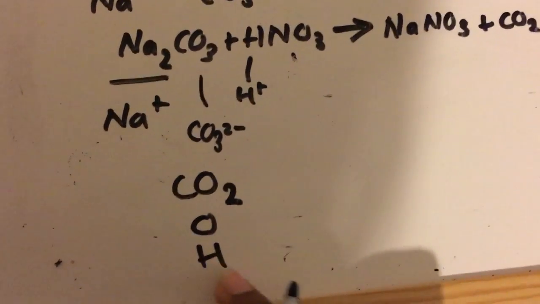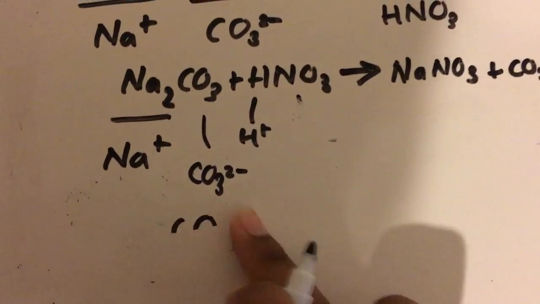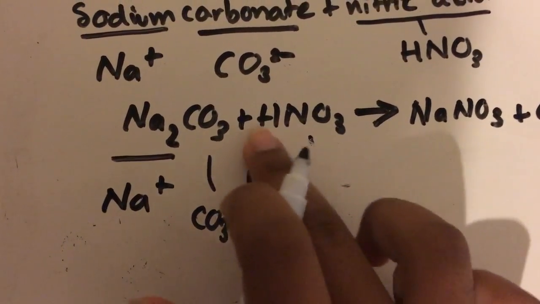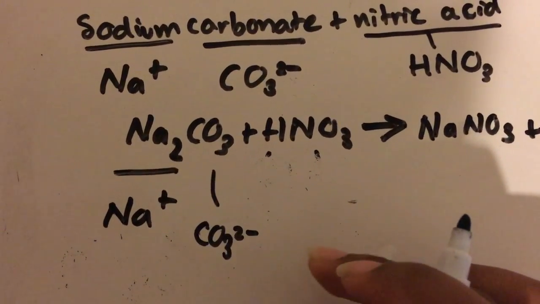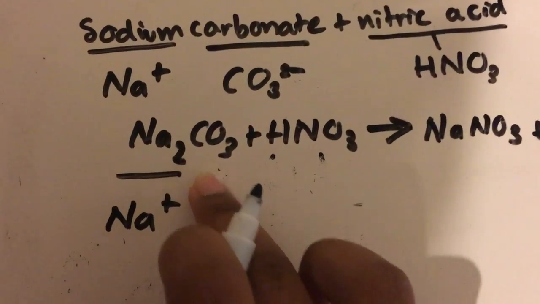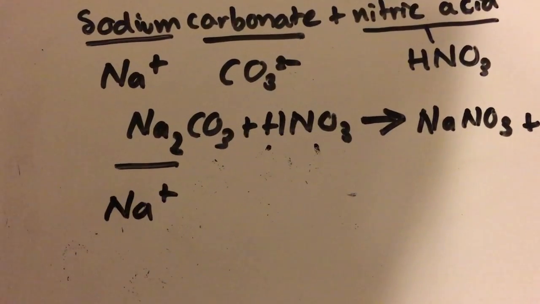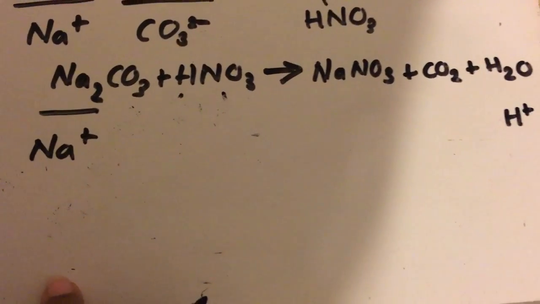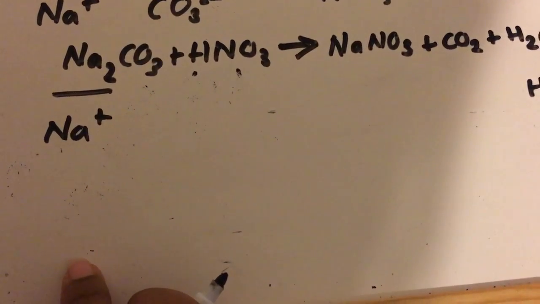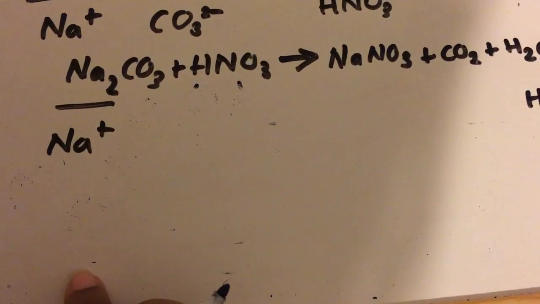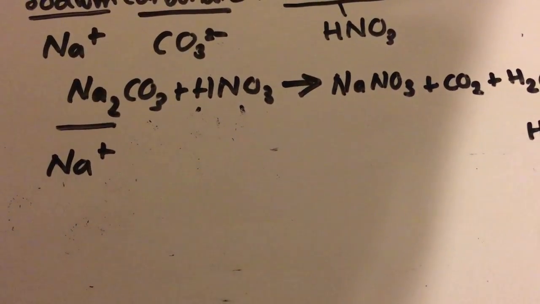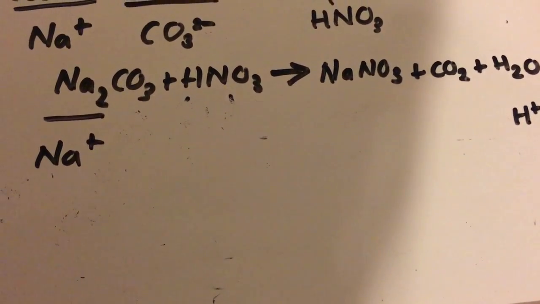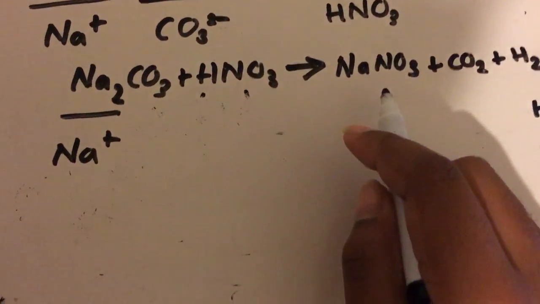And now this is the bit you have to be really careful. You've got to know what you're doing. So we've used 1 H, and we've used everything here. But now we've got an extra H plus on this side and an extra Na plus on this side. So basically, you can see already that it's not balanced. This is not the correct equation. So let's start with NaNO3.